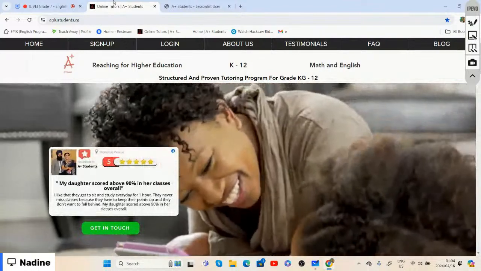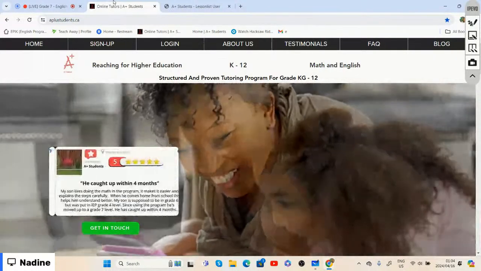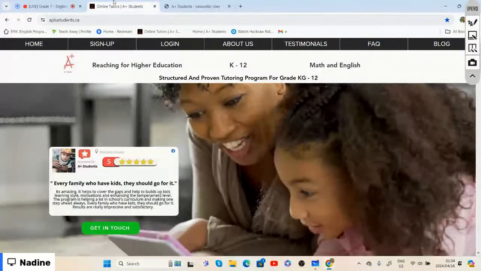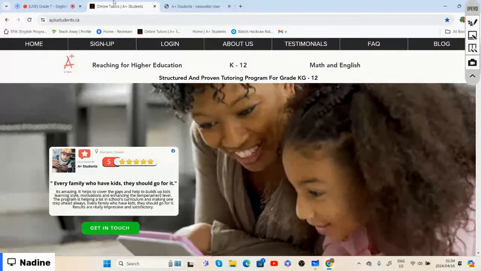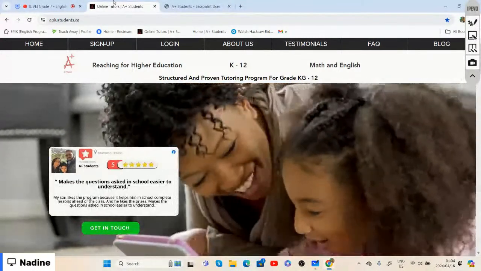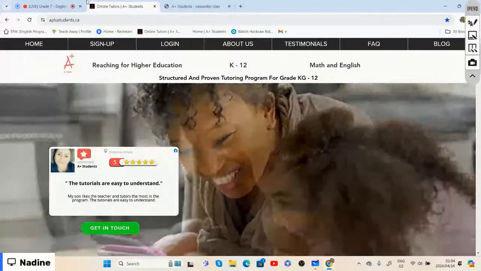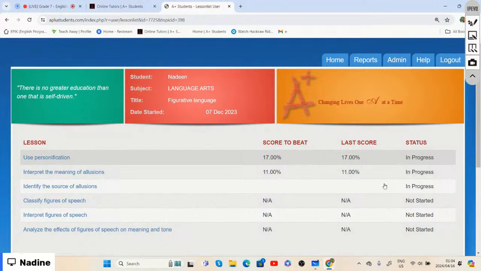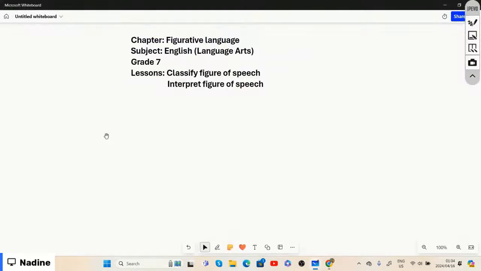So we have figurative language, right? Then we need to select the subject of language arts, grade 7. Then we're going to scroll down until we get to the chapter of figurative language. And we said the chapter is figurative language, English, which is language arts, grade 7.